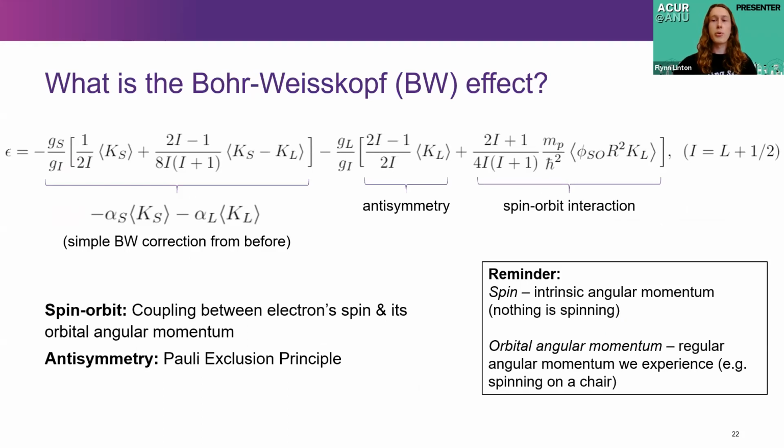Now, it's not super important to understand what these two terms mean, but essentially the spin orbit interaction describes a coupling between an electron's spin, which remember is just a type of intrinsic angular momentum, and its orbital angular momentum, which you can think of just as regular angular momentum of a rotating object. Now, the antisymmetry term is a little bit more complicated. It just comes from something called the Pauli exclusion principle, but I won't talk about that today.